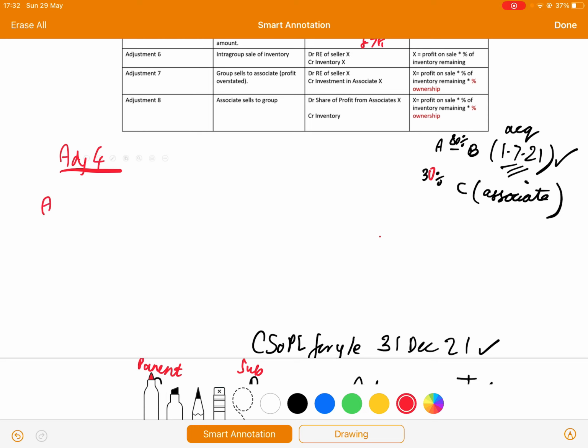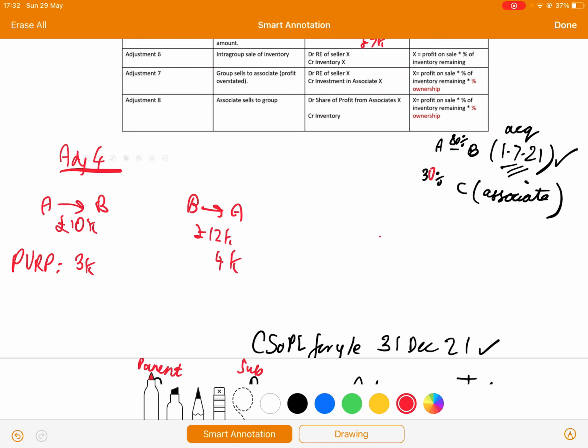So if you have A to B and B to A, so the sales: A sells 10k here, B sells 12k here, and our PUP adjustment is 3k here, and our PUP adjustment is 4k here. How do we account? What's the issue?